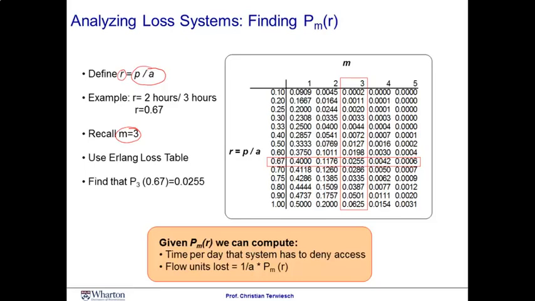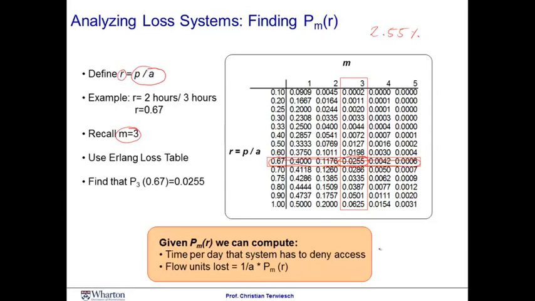And then the last thing that you need to do is you need to go into a big table that I will provide you, and in this table you're going to go into row R, and you're going to go into column m, and where row and column meet you will have the diversion probability. In this case, 2.55%. Again, once you have this number, you're in good shape.